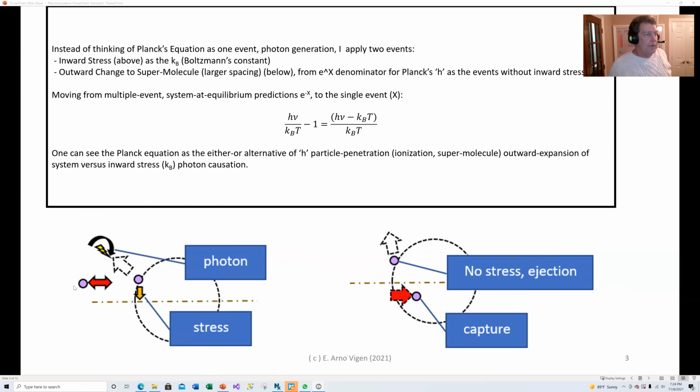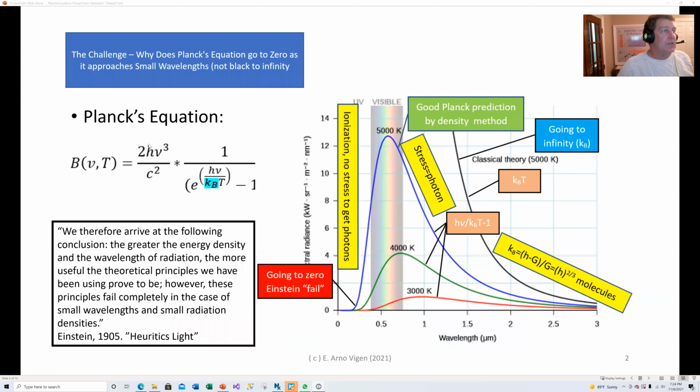So if this approaching electron pushes that inward, there's a little inward stress, and to relieve that, the photon, this rotating latitude stress moving at the speed of light, comes off. But if that actually gets captured, this whole structure gets a little bit bigger, which means there's no stress and no photon.